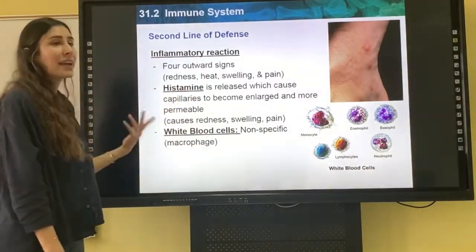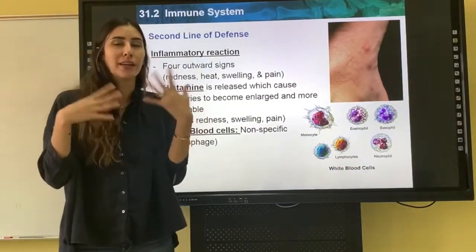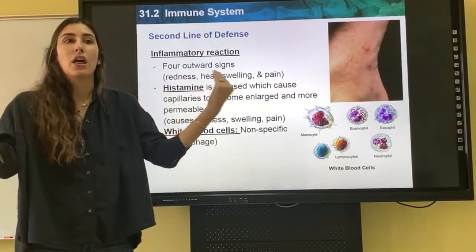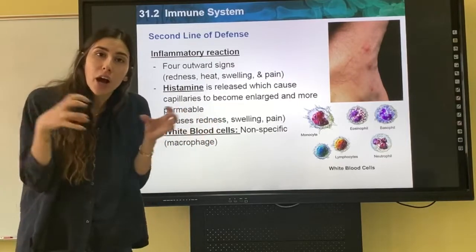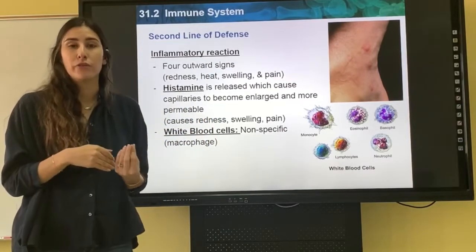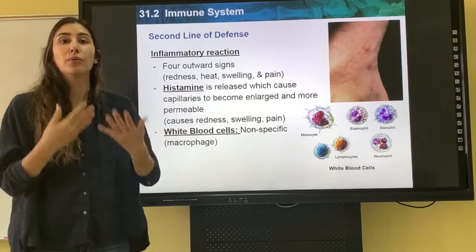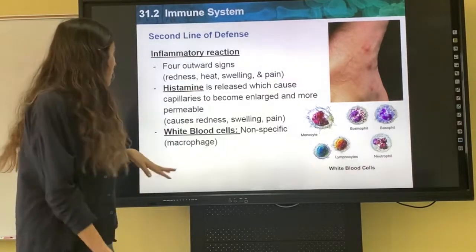The pain and the swelling are again a sign that white blood cells have come to this area to prevent you from getting infected, to help you heal faster, etc.